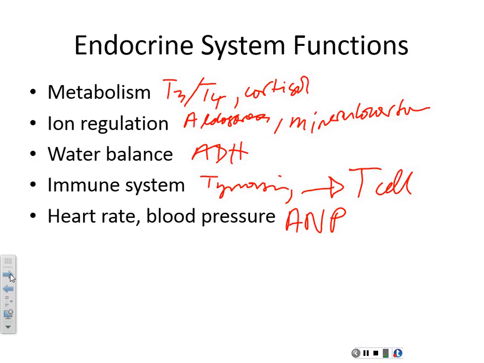Nat is sodium. That's why Na is the symbol for sodium, right? So atrial natriuretic peptide will cause the release of sodium in urine, and water follows it. So you release more dilute, copious volumes of urine, and blood volume goes down, blood pressure goes down, and you're good. Okay, so that's how it's involved in blood pressure and heart rate.